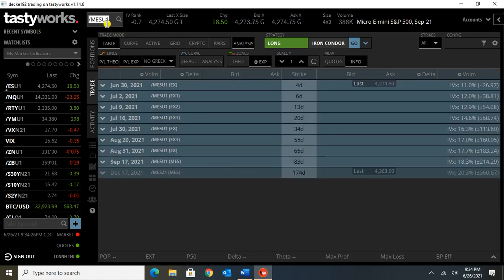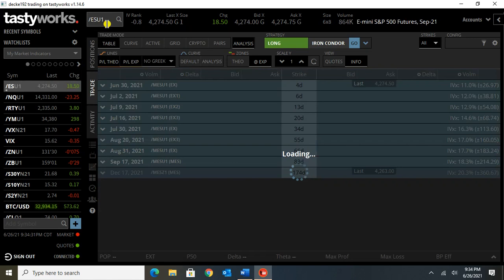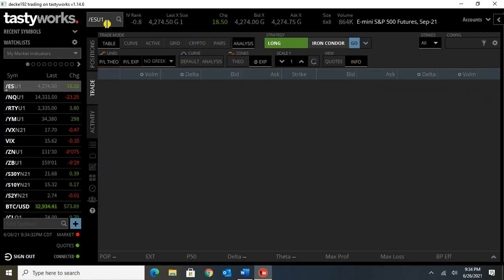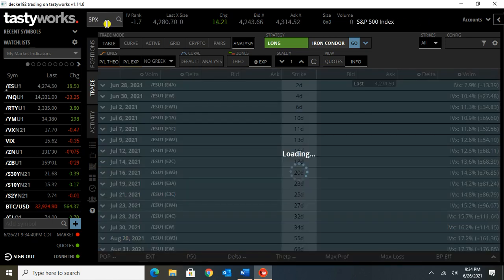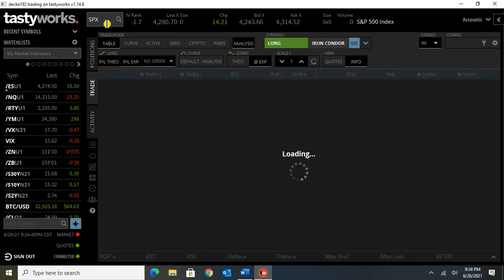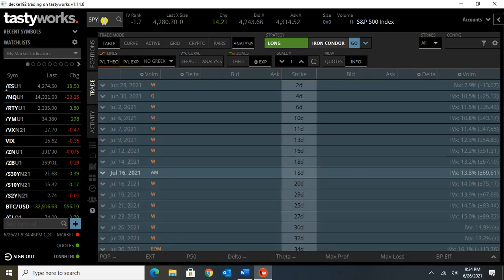If you want to get larger notional value, you can use the E-minis, which is /ES. That's 5 times the size of SPY. And if you're a big dog, you can use the SPX, which is 10 times the size of SPY. But I'm going to use SPY, like I said, for this example.